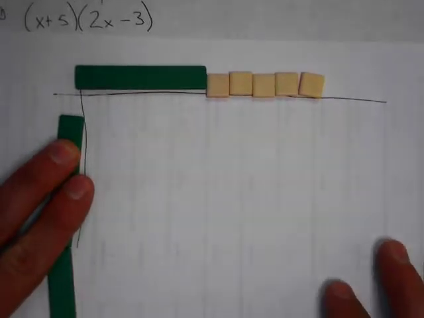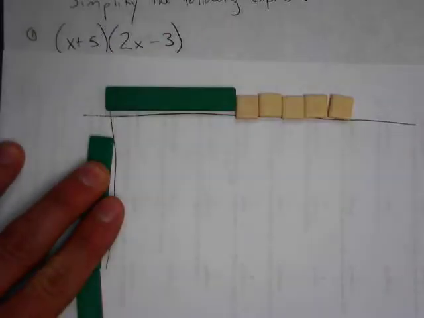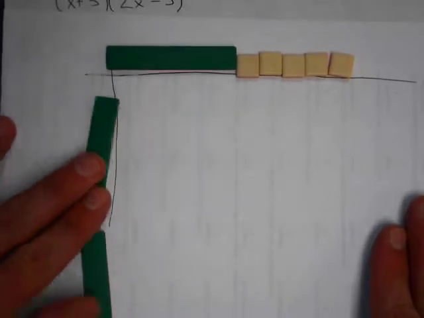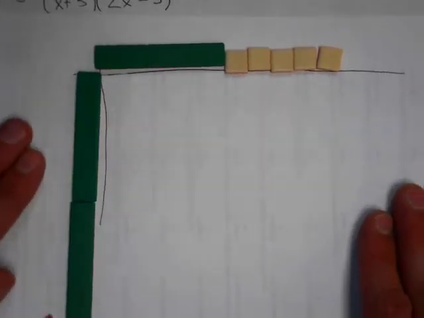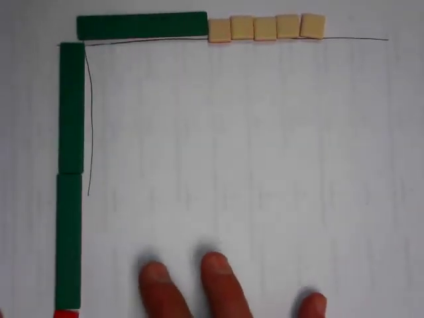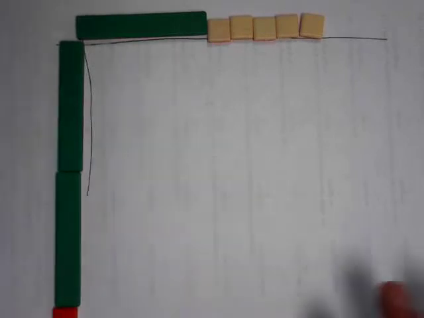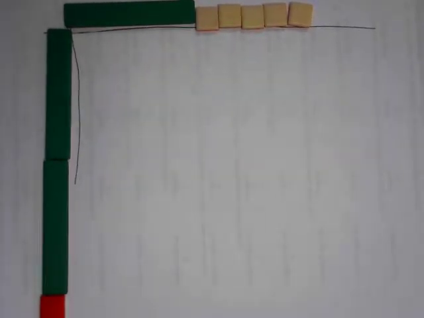Our second length is 2x minus 3. And since we're multiplying them, we can use the area model. So we're looking at 2 x's, and then 3 negative 1s. And so we are now looking at an area model.